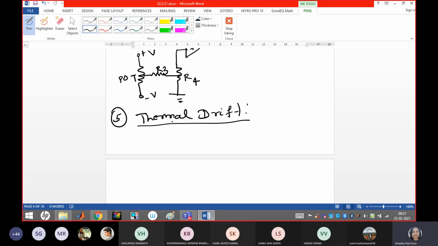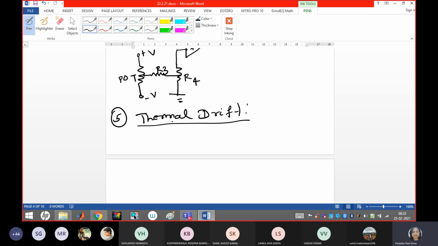Remember one point: a circuit can be nulled at 25 degrees centigrade, but when the temperature rises to 30, 40, 45 degrees, will the parameters shown by the device at 25 degrees centigrade remain the same?